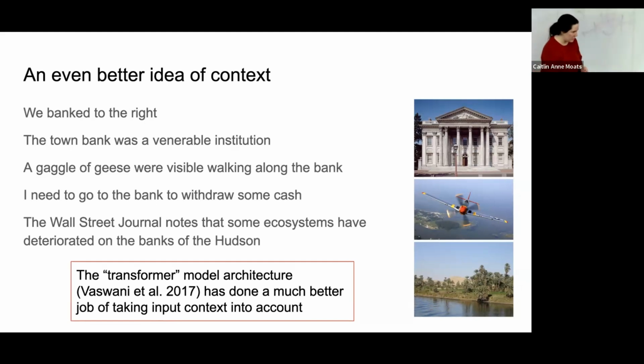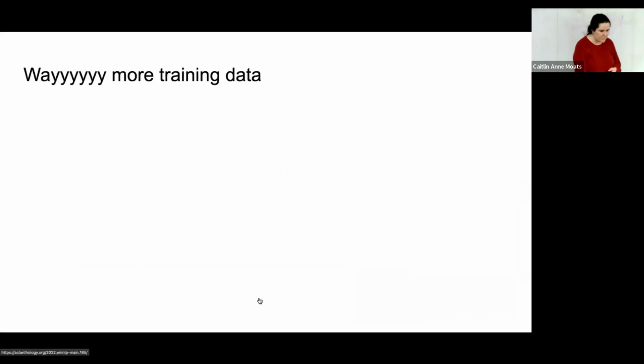So what I'm going to say is that if you hear the term transformer thrown around, it refers to a way of configuring the parameters of a neural network that encodes this kind of context passing as an integral part of the network. Someone coming up with that network is what allowed for this better use of context based on the prompt you gave it. Okay, so let's talk about more training data.